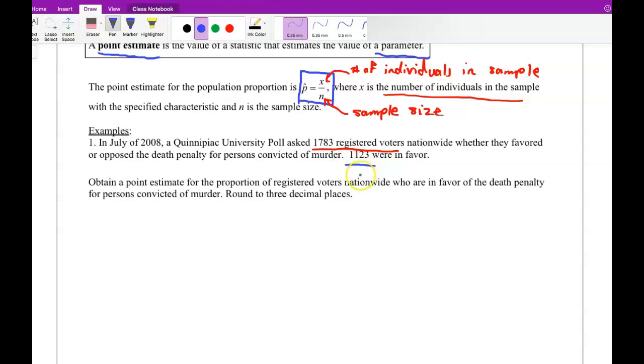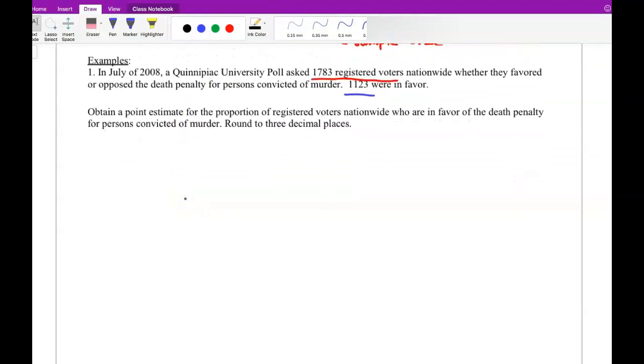So I have n and x, and using these two we can find p hat, or the point estimate. So x is 1,123 and the sample size is 1,783.